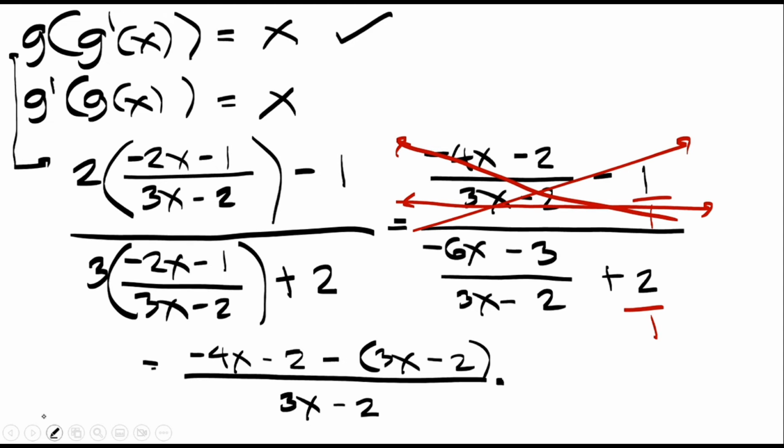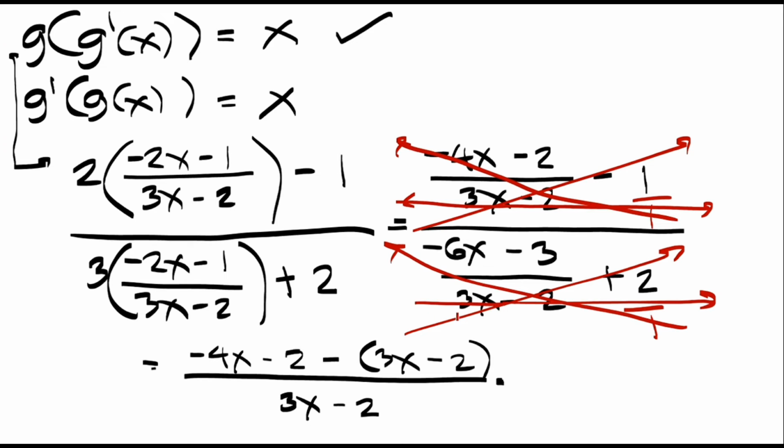By cross multiplication, we have this one. This is the denominator. Since we will be proceeding to multiplication, this will become the numerator of the reciprocal.